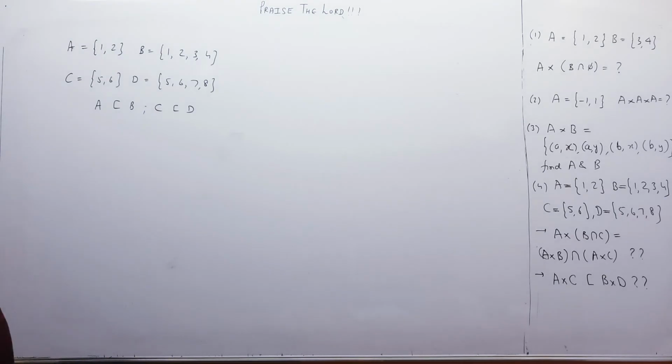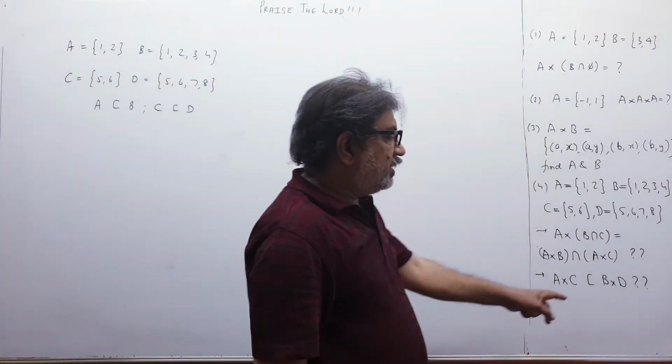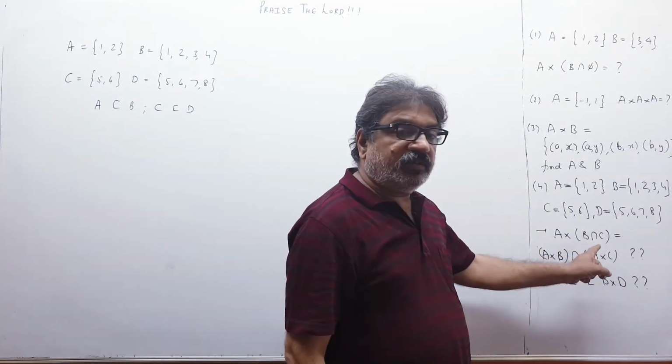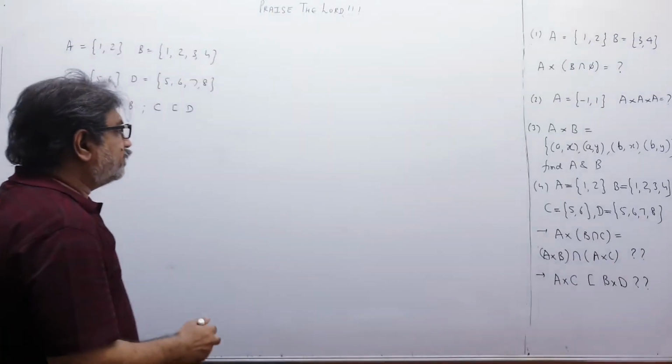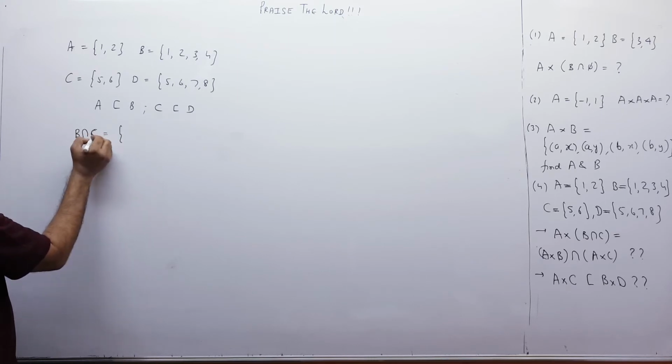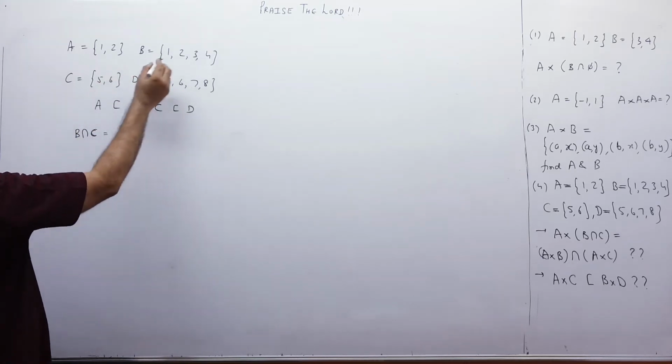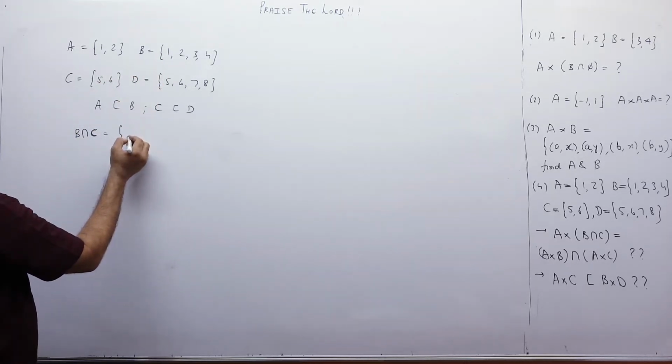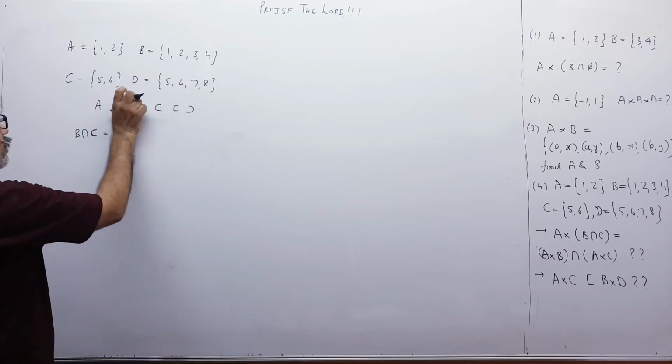Okay? He says, check these two questions only, check A cross B intersection C is this. So A cross B intersection C, first find out B intersection C. B intersection C, common elements of B and C. That will be how much? There is no common element, so B intersection C is null set.